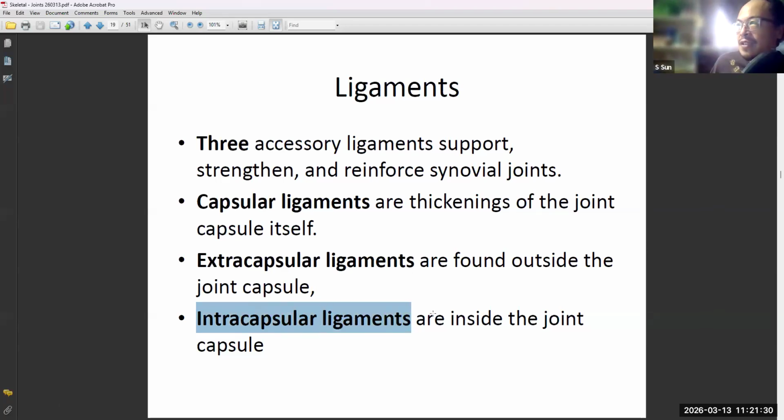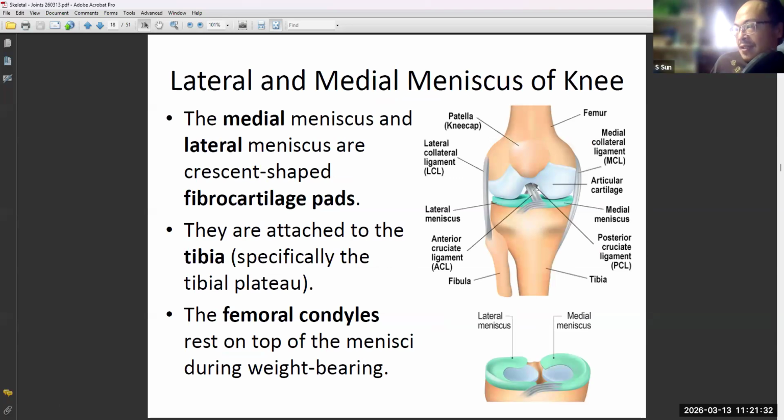So if we go back to the knee, we already know that the ligaments inside of the capsule are the anterior cruciate ligament and the posterior cruciate ligament. So that's inside. And the medial collateral is part of the capsule. The lateral collateral ligament is outside of the capsule.